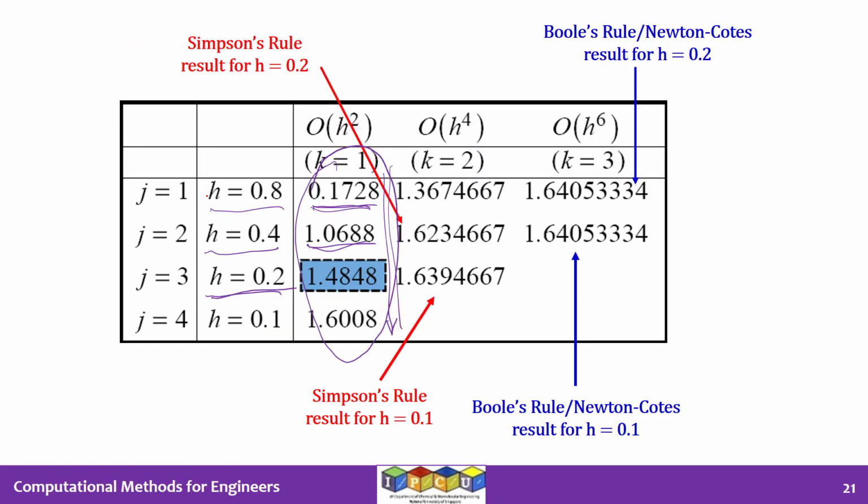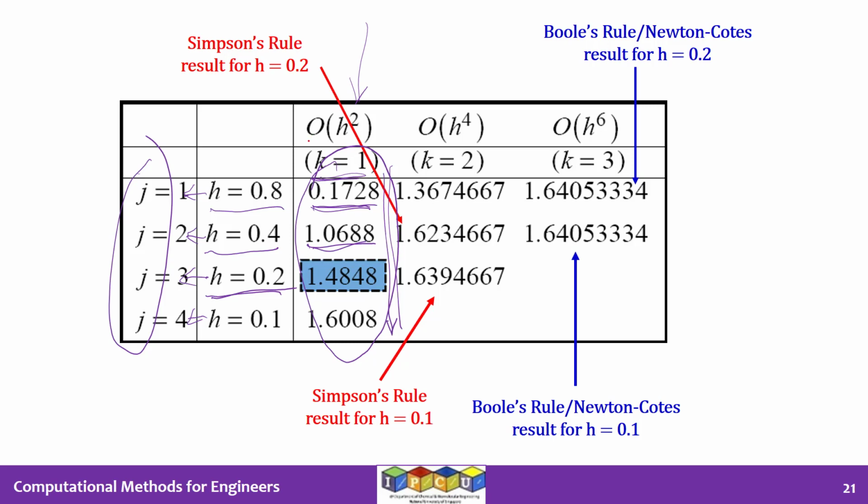So this row, we call j is equal to 1. This row is second row, this row is third row, this row is fourth row. So we know the reason why we call it j. J stands for the row and k stands for the column. So k is equal to 1 stands for the trapezoid rule results at these different h values.